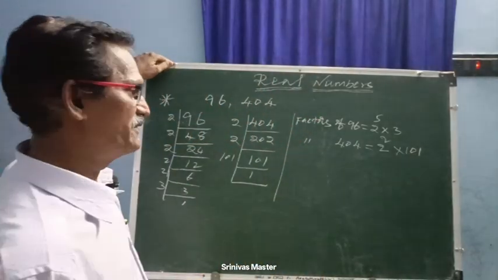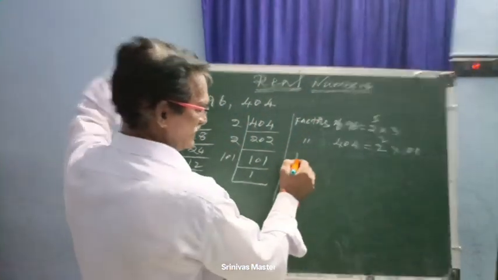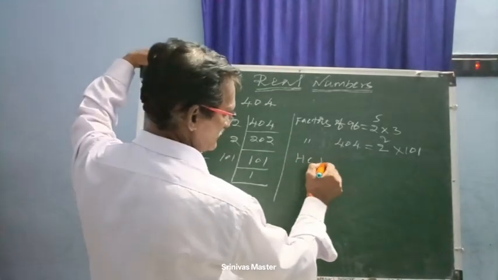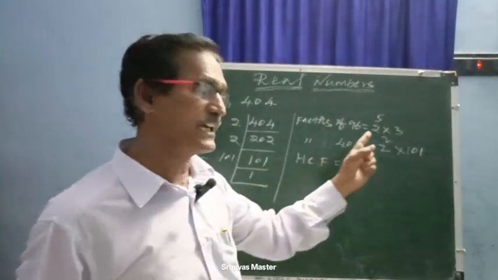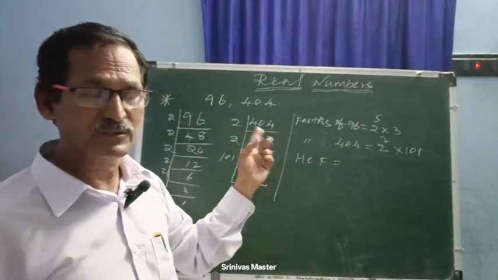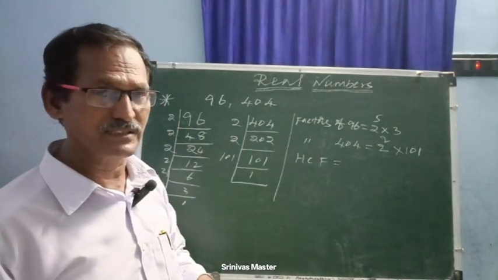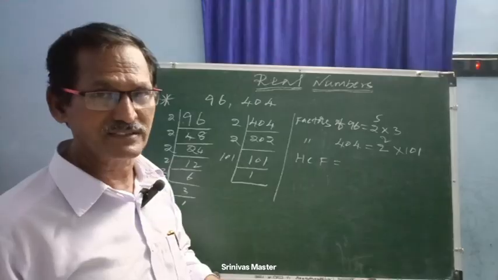Now first we can find the HCF of these two numbers. You have written them in the exponential form, no? So think about that concept. I told you already in the previous classes.